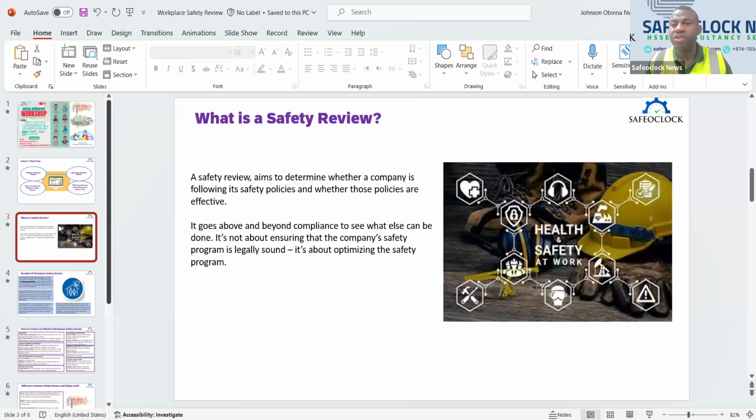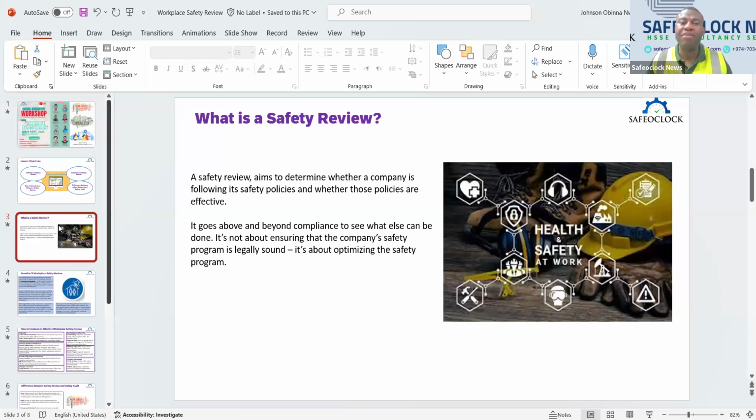It's beyond looking for compliance. While doing safety review, the organization is not majorly concerned about compliance to legal requirements or compliance to local laws. They're majorly concerned about the effectiveness of the safety programs and the safety procedures they already have in place.